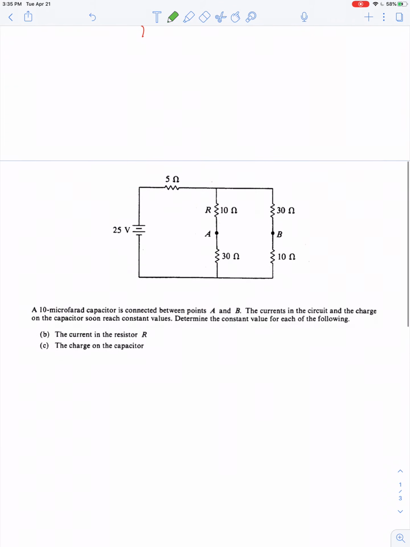So now the problem changes, and they say a 10 microfarad capacitor is connected between points A and B. So let's draw that in. The capacitor connects points A and B. They tell us that the currents in the circuit and the charge on the capacitor soon reach constant values, implying we reach what we call the steady state.